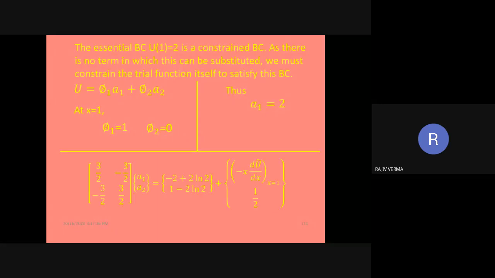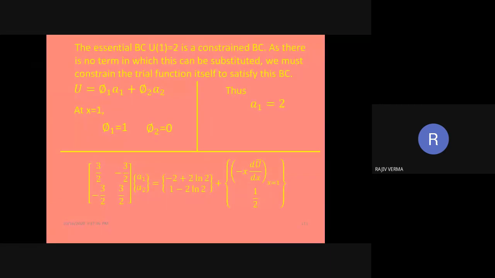And this value of a1 can be used in the second equation. The second equation contains two unknown parameters, a1 and a2, out of which a1 is now known.